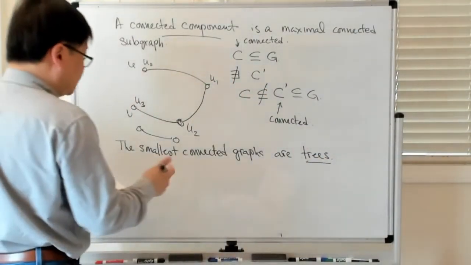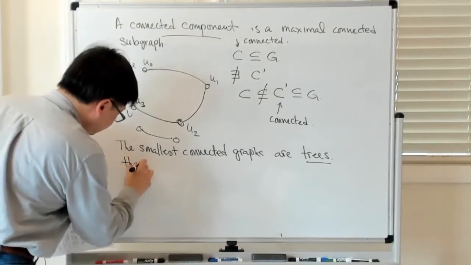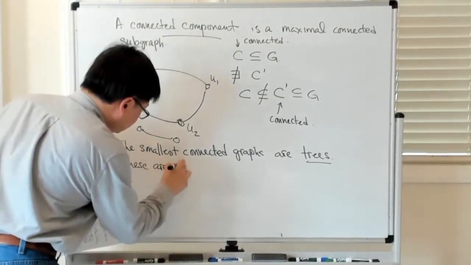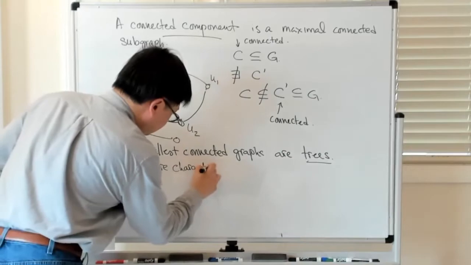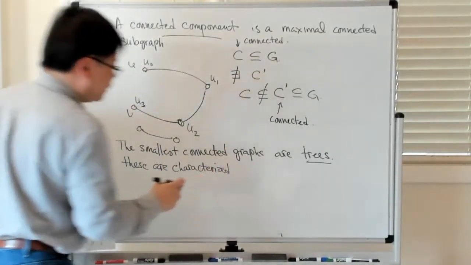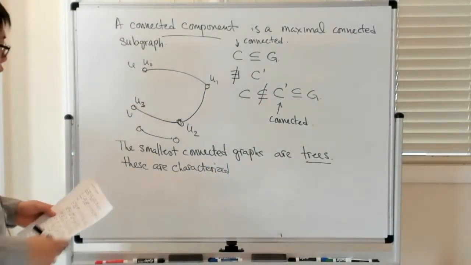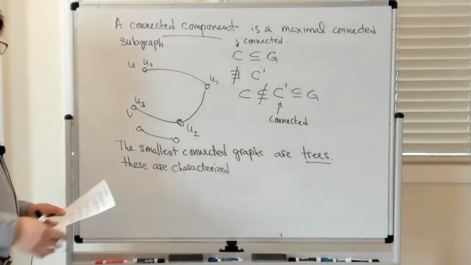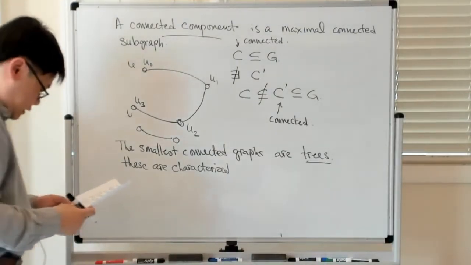These are characterized by the property that there's always a unique simple path connecting any pair of nodes in a tree.